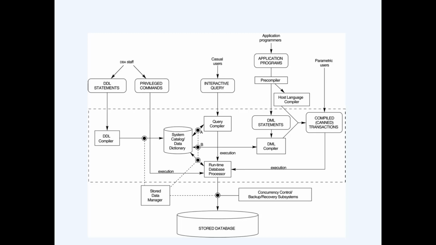For example, general operational users have a set of predefined transactions, sometimes called canned transactions. That means they are well designed, well tested interfaces, and through these interfaces they interact with the database.